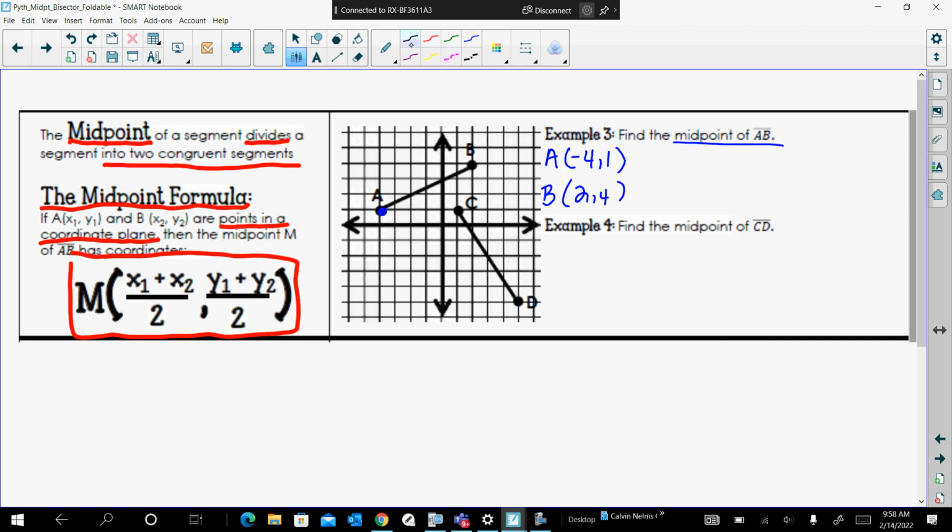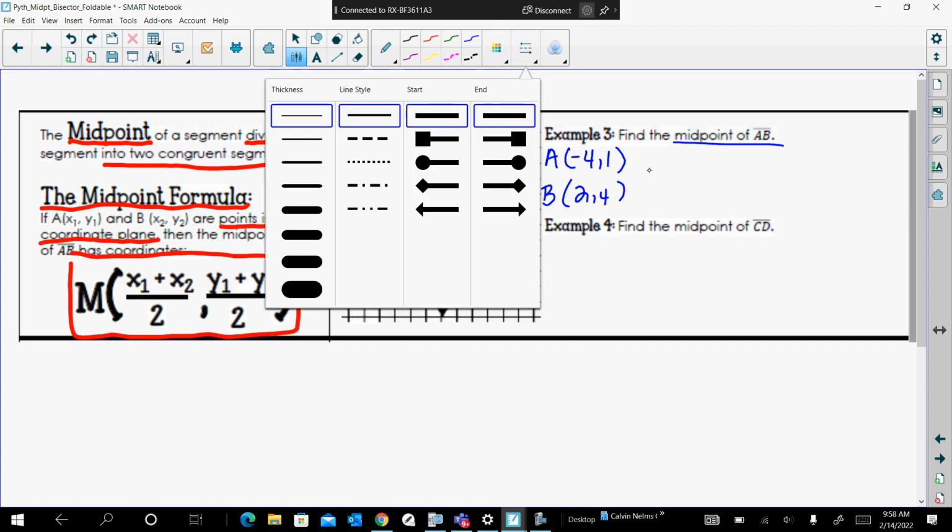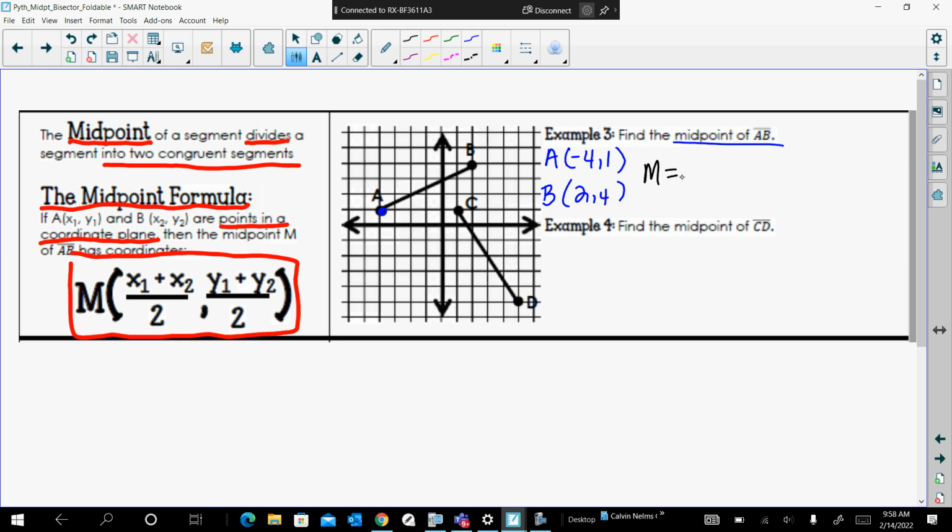To do the formula, to find the midpoint M, you have to add up your x coordinates. These are your x coordinates in the first, so that means -4 plus 2 divided by 2. And you add up the y coordinates. That is 1 plus 4 divided by 2. When I simplify this, -4 plus 2 is going to leave me with -2 over 2.